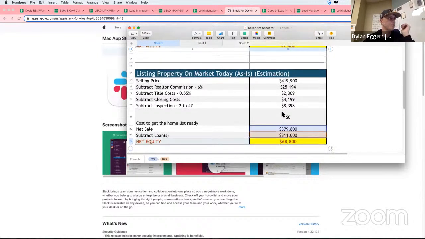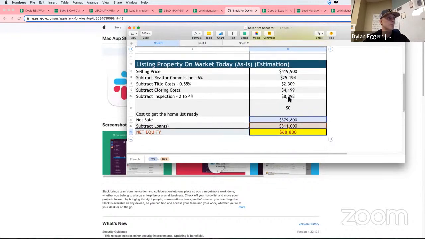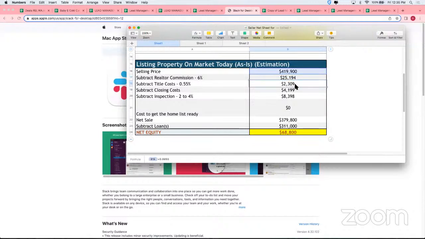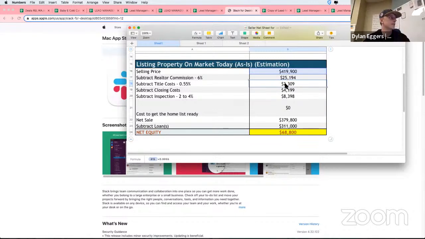So this is how you make the seller net sheet, right? You always start with their selling price and then how much they owe. The rest of this should automatically calculate for you. If it doesn't, realtor commissions is just B16 times 0.06, or the selling price times 6%. Subtract title cost is selling price times 0.0055.